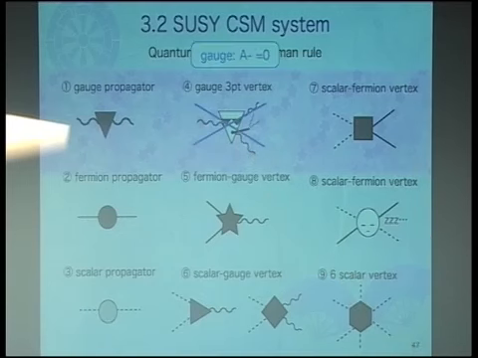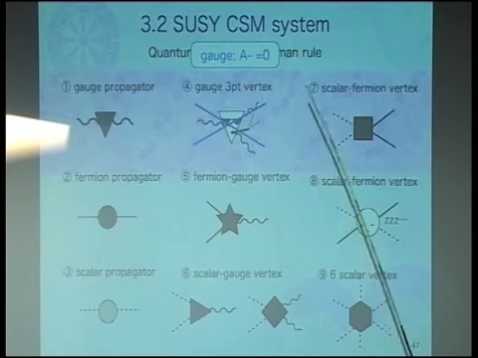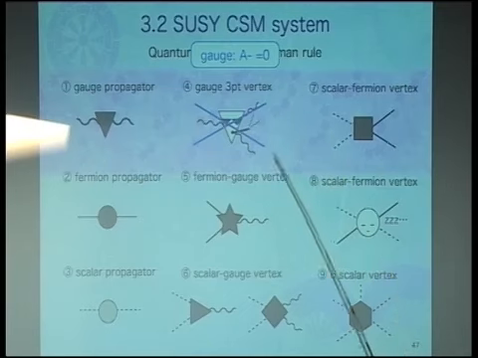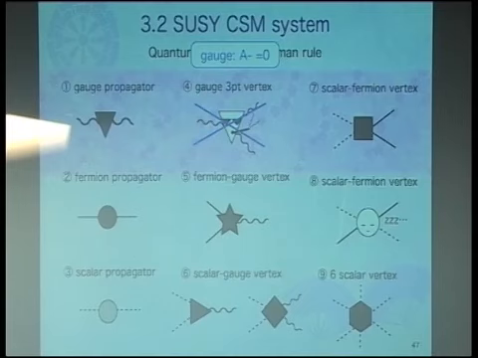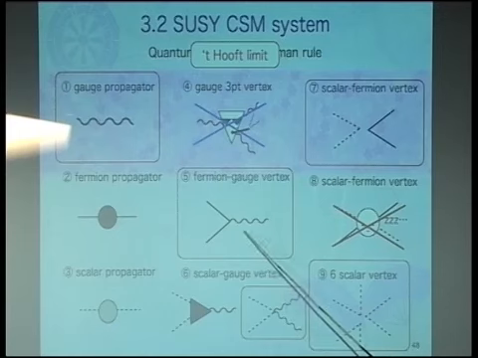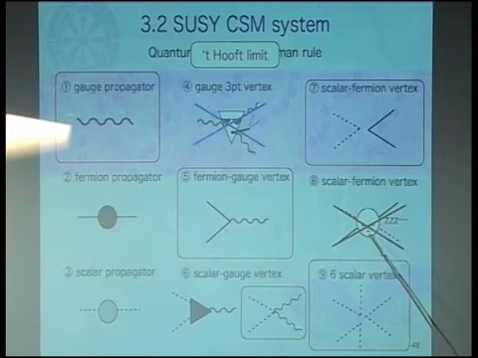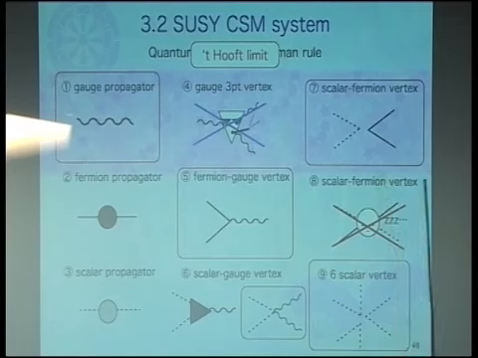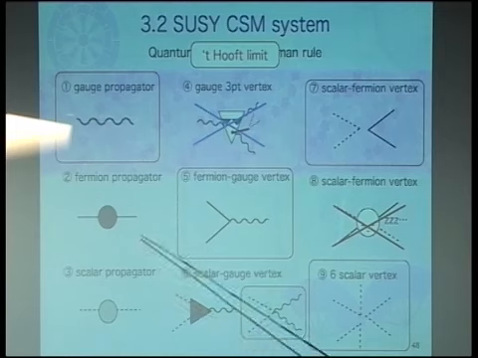But you can kill this guy by taking m equal to 0. And still messy, but by taking the large N limit, these graphs are reduced to tree level, and this guy disappears. But still something non-trivial appears.